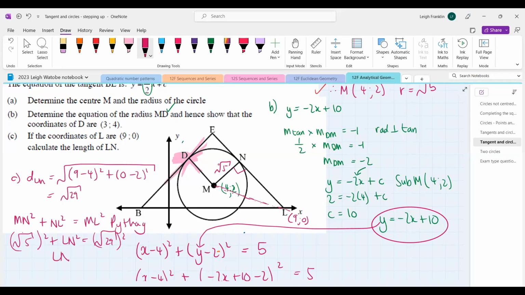So LN squared is going to be 29 minus 5, which is 24. So LN is √24. Okay, guys, so that is sort of the closest thing you're going to see to an exam question. Any questions quickly before we say goodbye?